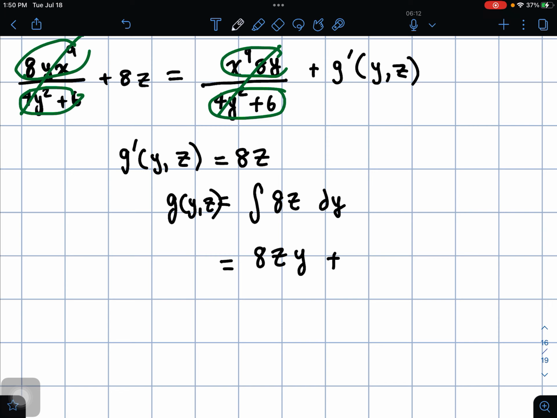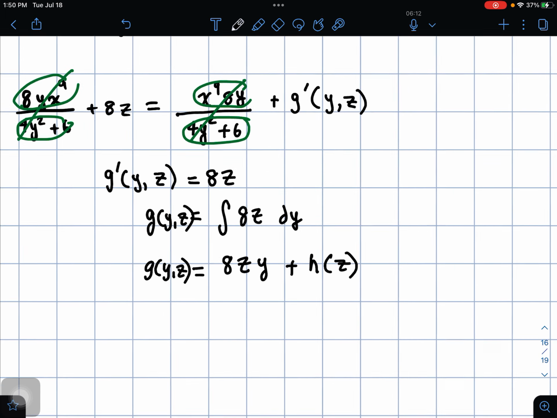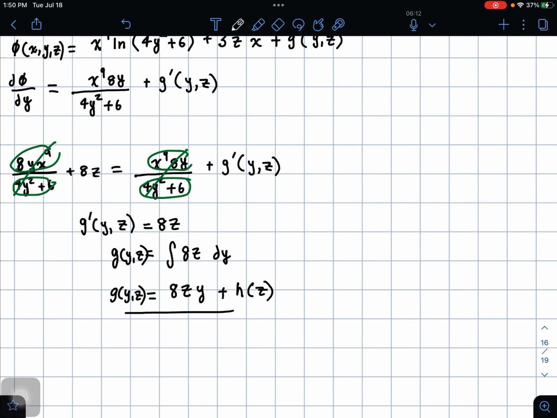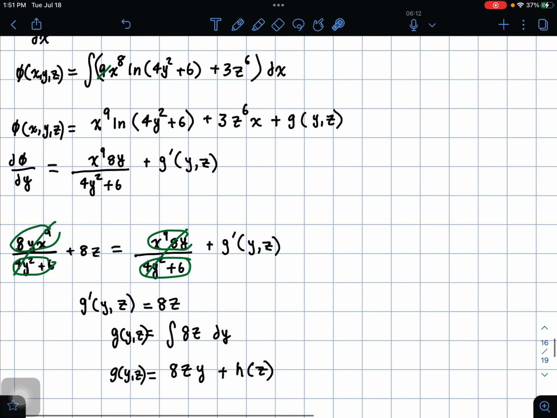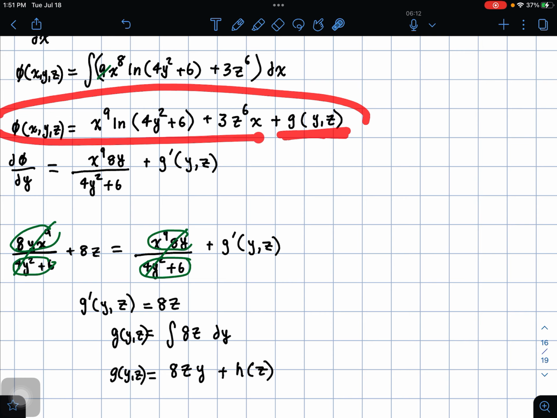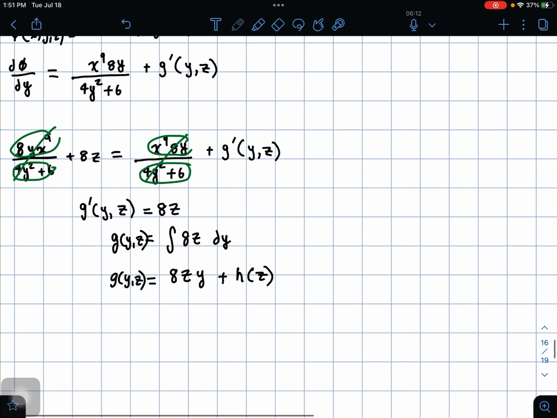So this thing right here. Okay, so that's our g at y comma z. So what I'm gonna go do now is take this and I'm gonna plug it back, because we just have our constant, right? We can go back and we can plug it into here and this original equation.